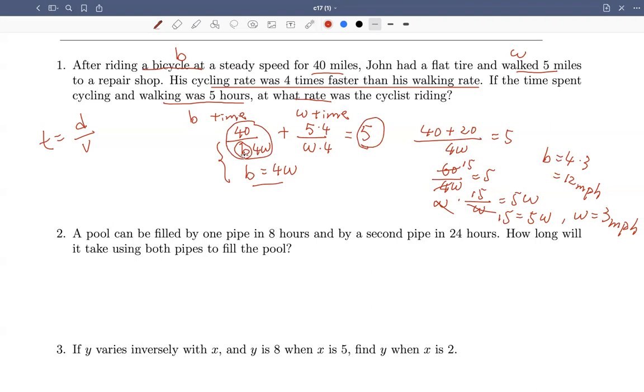We don't know his speed, we call it B. For the time walking, he walked 5 miles, and we don't know his speed, we call it W. Then we know his bicycling speed is 4 times faster than his walking, which means B equals 4W. Then we change this B to be 4W. We make common denominators, then we just solve. So we got a walking speed of 3 miles per hour, and the bicycling speed is 12 miles per hour.